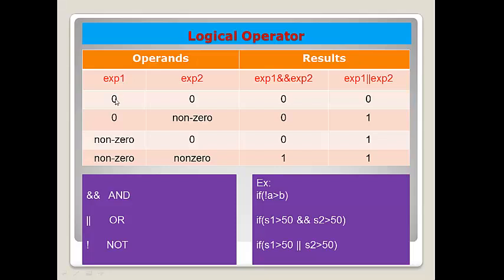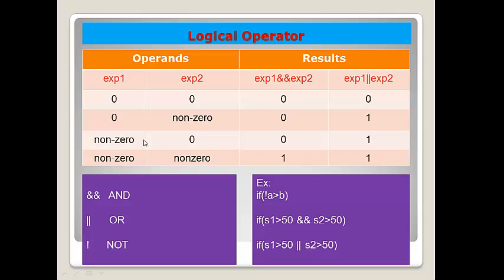If expression 1 is false and expression 2 is false, or both are false, the result is false. Expression 1 is 0, that is false; expression 2 is non-zero, that is true. In C language, non-zero is true, 0 is false. It is false and true, so the result is false in logical and.